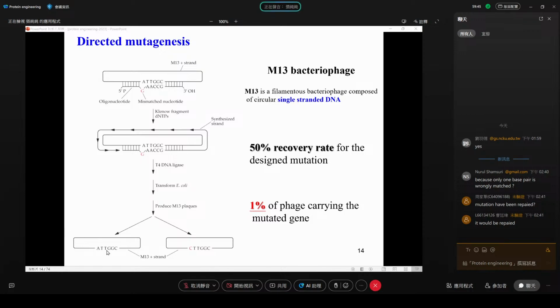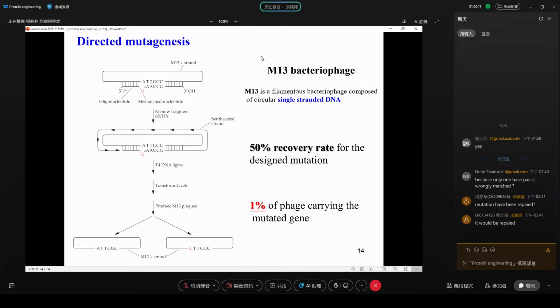Because the parental strand usually has methylation, right? So they can determine, oh, this is the parental strand, which should be correct for our repair system, and that's the daughter strand. So based on the parental strand, they will fix this residue. So only one percent survives because something goes wrong in our repair system, and they did not fix it.